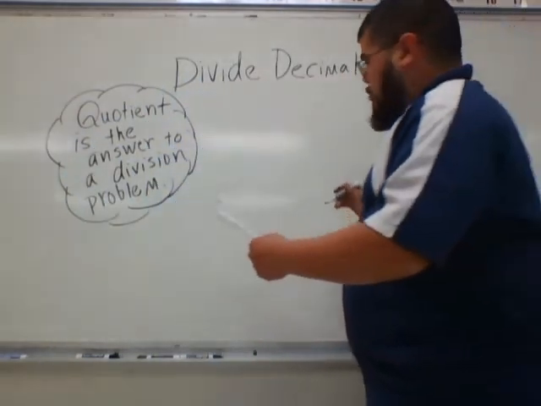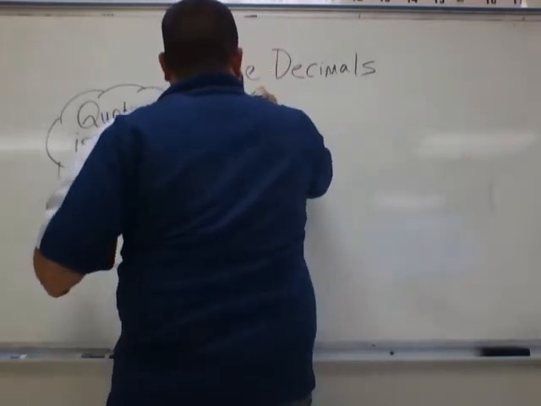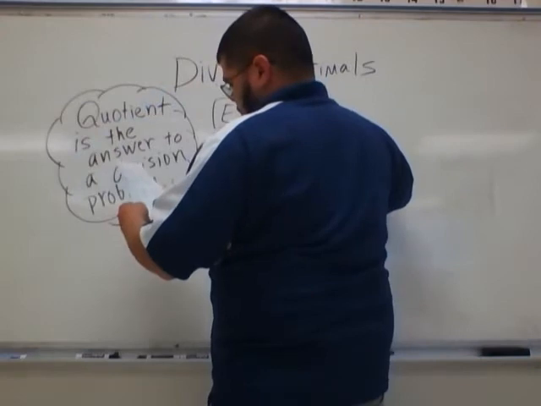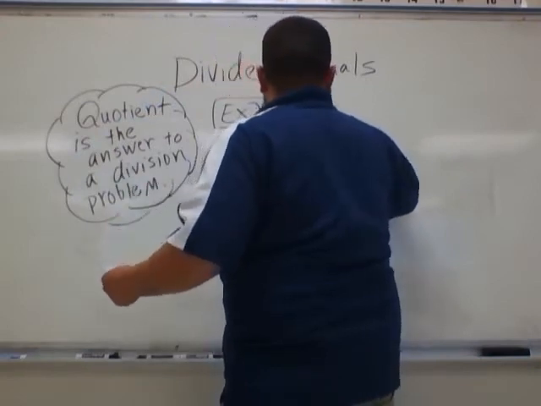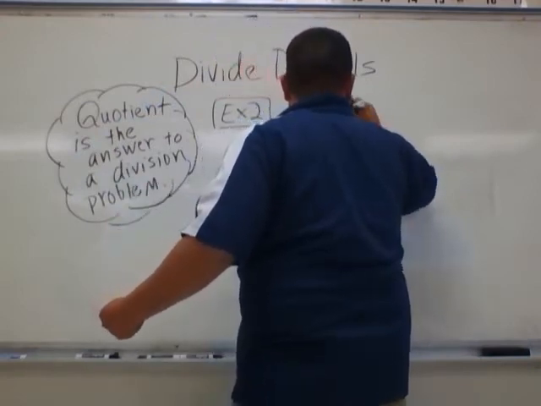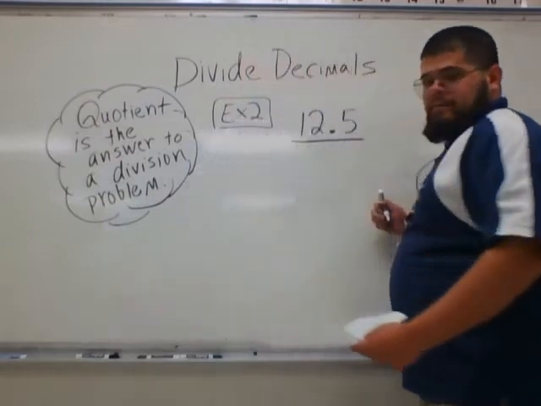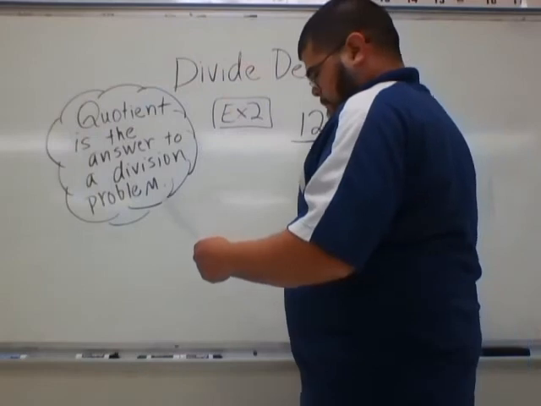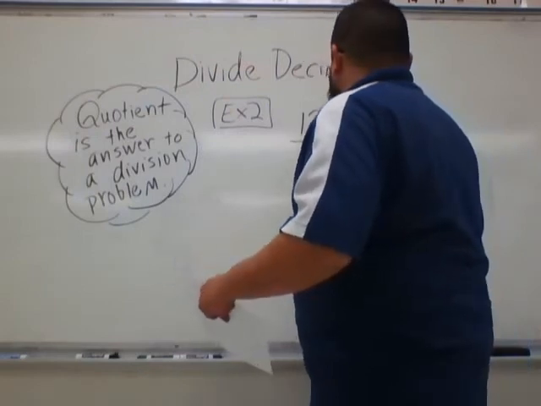All right, example number 2. We're going to do 12.5 divided by 2.5.